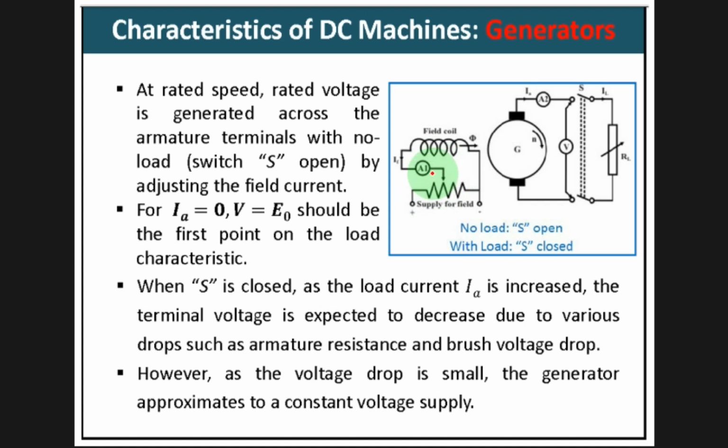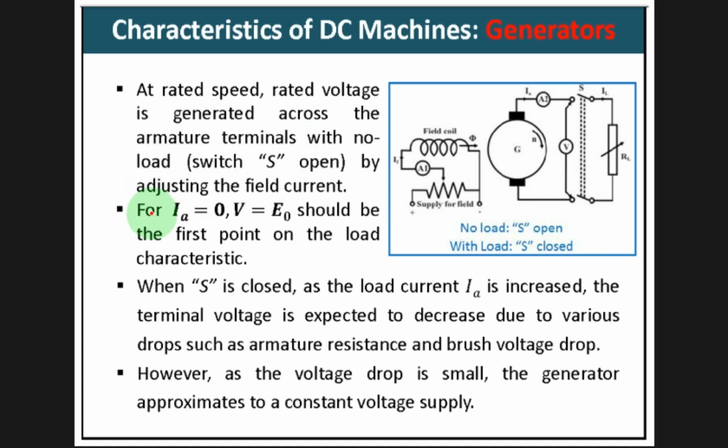So you can change the field coil current by changing this one, and then the motor is rotating and generating voltage. To test the load condition, you can close the switch, and then there will be current flowing through the load.